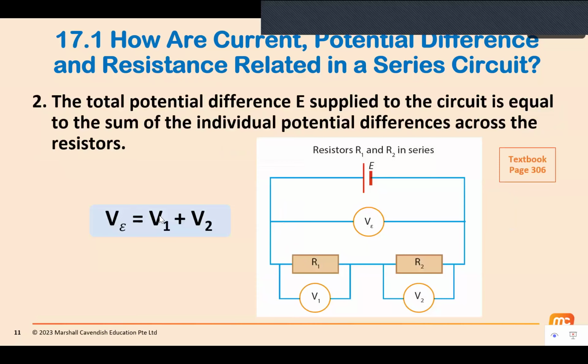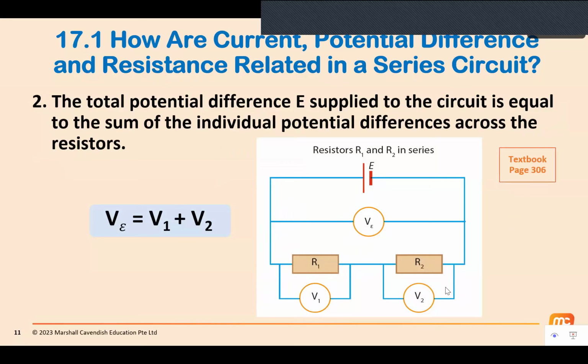Next, if the current is the same, the potential difference will be shared. In a series circuit, the battery provides a certain amount of potential difference or EMF, and this EMF will be shared across all the components. For example, if the EMF of my battery is 10 volts, and R1 takes up 3 volts, then the rest of the 7 volts must go to R2.